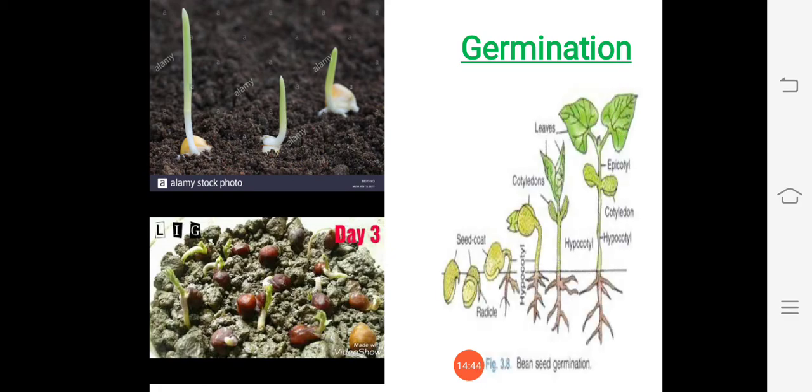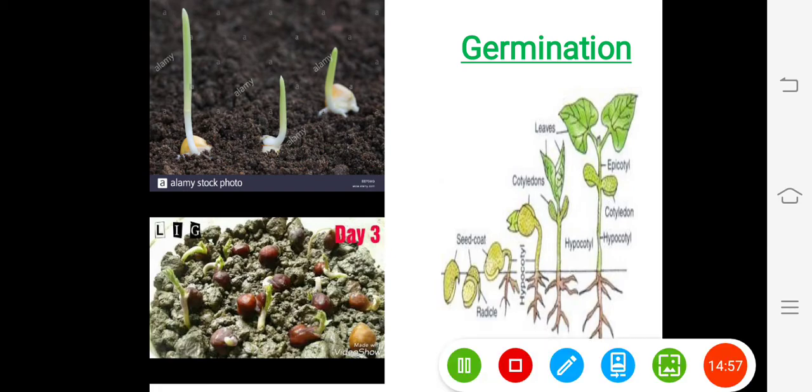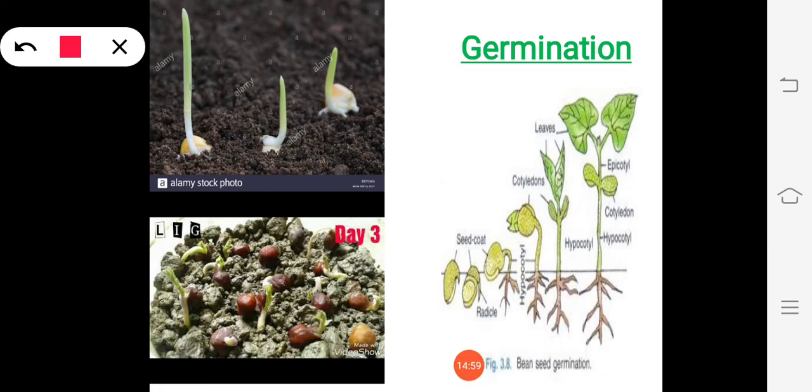In seeds such as bean, castor or gourd, the cotyledons are lifted above the soil by growth of the portion of the embryo just above the radicle. See, this is the cotyledon. Look at the cotyledons portion.